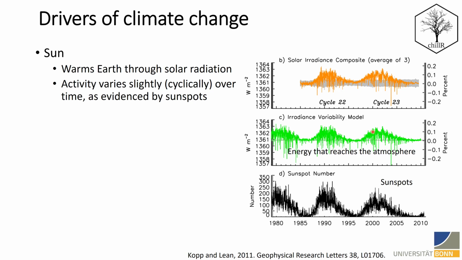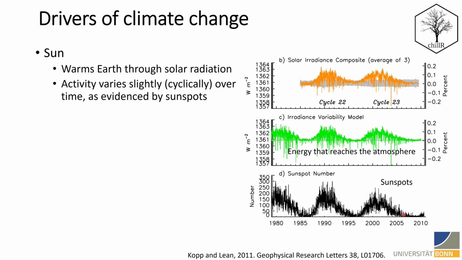And what you see is a bit of variation. It's not all homogeneous. It does go up and down a bit with a cycle of roughly a decade, roughly 10 years or so. And we also see a correlation somewhat to the number of sunspots we observe on the Sun.